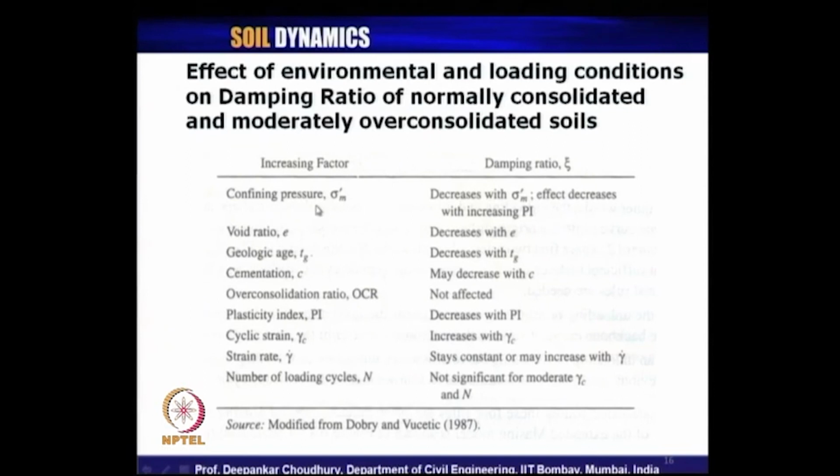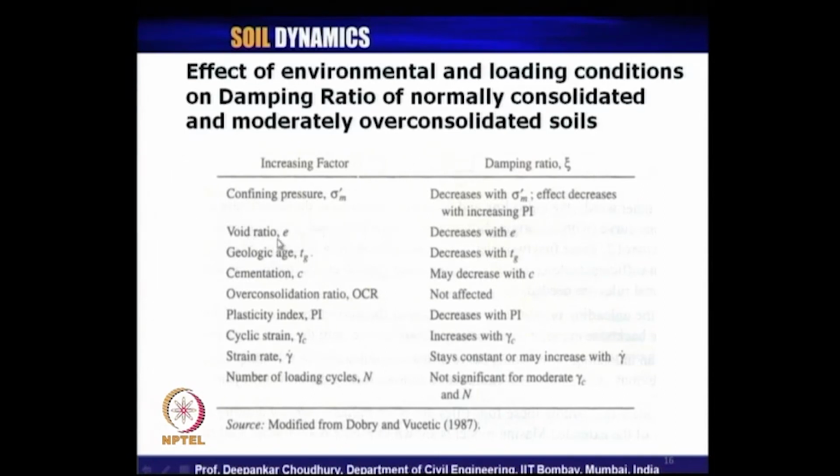If the effective confining pressure sigma m dash increases, the damping ratio decreases with increase in the sigma m dash value, and the effect decreases with increasing PI, that we have seen. With increase in the value of PI, the effect of sigma m dash on the G by Gmax curve as well as damping ratio decreases.